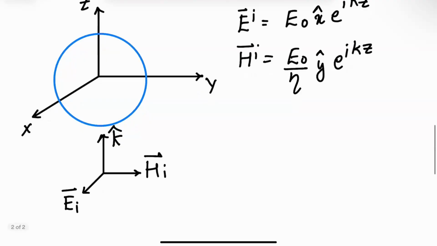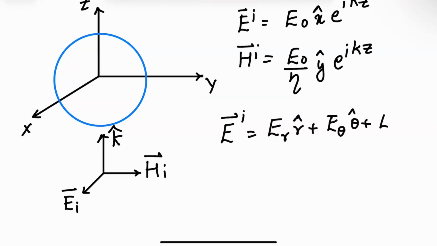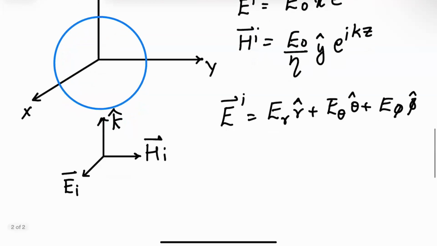Okay, so now we want to express this incident plane wave in terms of a spherical coordinate system, right? So we want to see in spherical coordinates, what does the incident plane wave look like? So I can express the incident plane wave as E_r r hat plus E theta theta hat plus E phi phi hat, right? So from this, I only care about, for now, the r component, and I can find that by taking E_r incident, or E incident dot r hat.